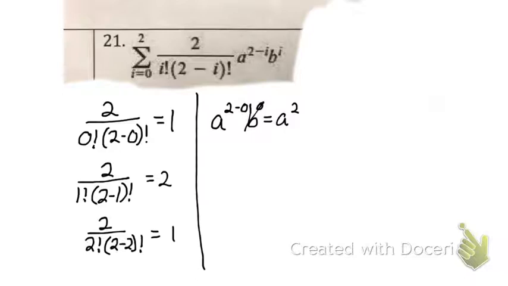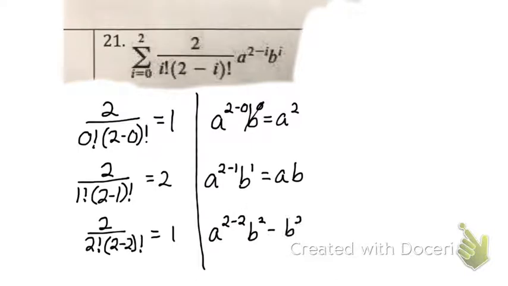When I plug 1 in, I'm going to have a to the 2 minus 1, b to the 1. 2 minus 1 is just 1, so we're going to have a times b. And then our final one, we're just going to do it to the second: a to the 2 minus 2, b squared. That's going to equal a to the 0th, which is just 1, and then we have b squared. So when I combine these together, we're going to have 1a squared plus 2ab plus b squared.